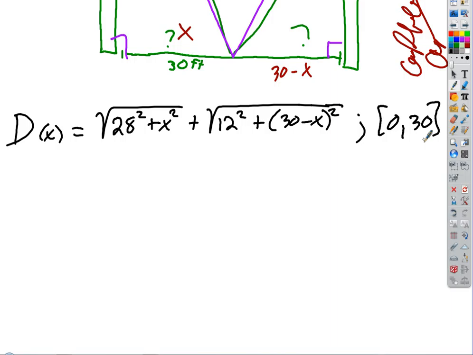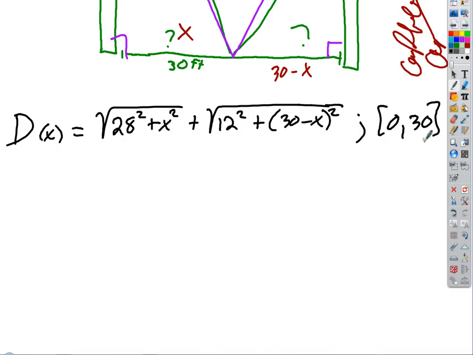Now we've distilled this down, so we can shift out of real-world mode and into abstract calculus mode. We're just gonna minimize this function on that interval. This could have come from section 3.6. This is just calculus.